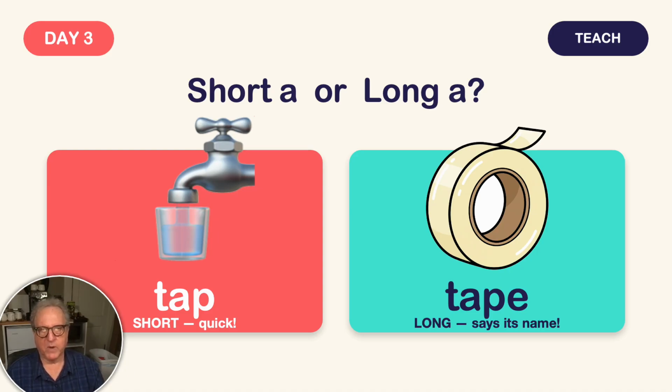Tap. Short and quick. Keep the T crisp. Just the T, not tuh. That would be tuh-ap. It's t-ap.